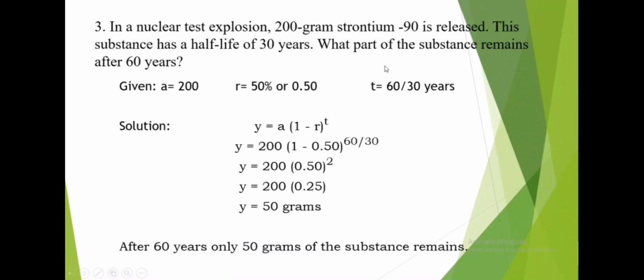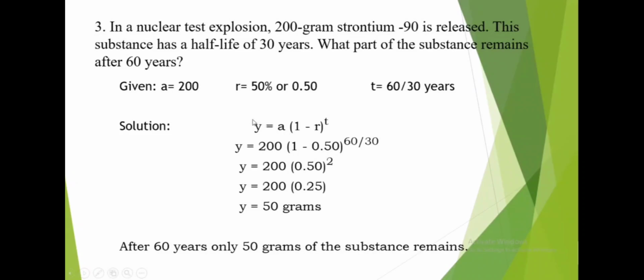As for the time, we have 60 years divided by the 30 years because 30 years is the half-life of our substance. So we have again the 60 years over the 30 years, which is the half-life. We will use the formula for exponential decay in this problem.